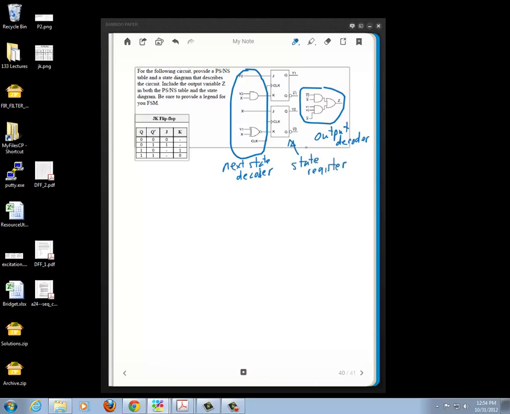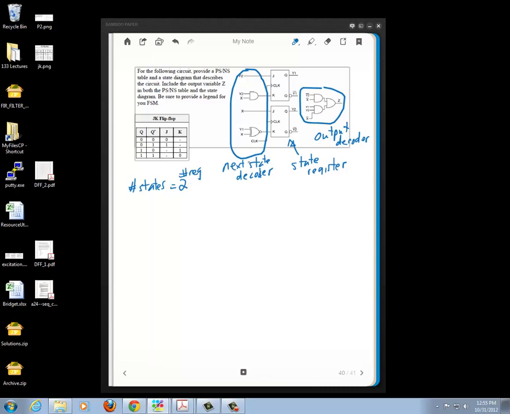Okay, so some things to note is that we have two state registers. So the number of possible states that we can get with state registers is 2 to the number of registers, or flip-flops. In our case, because we have two state registers, we can have a total of 2 to the 2, or 4 possible states.